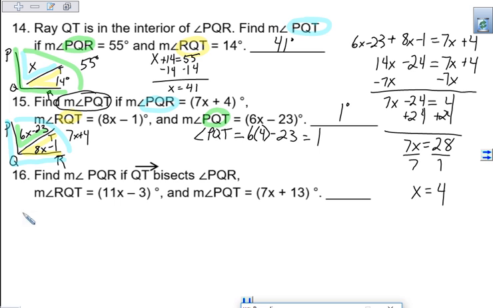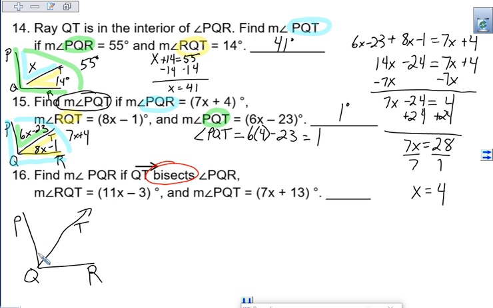Next one, same kind of picture. But there's another word in this that tells me a bit more information. What is that word? Yeah, bisects.